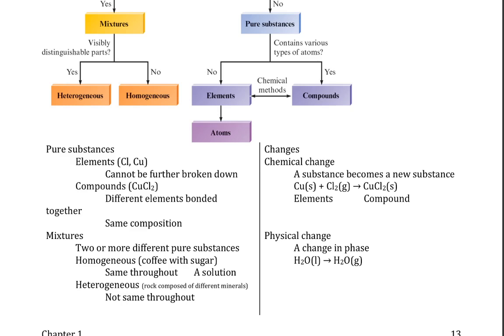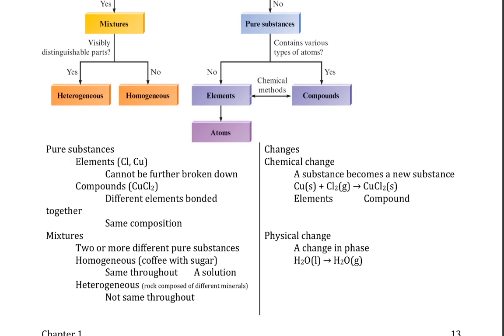If you've let it sit long enough, then it's the same throughout. It doesn't taste different at the top as at the bottom. If so, that would be a homogeneous mixture, the same throughout.